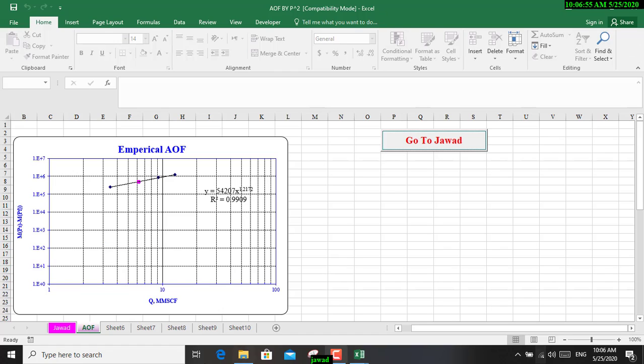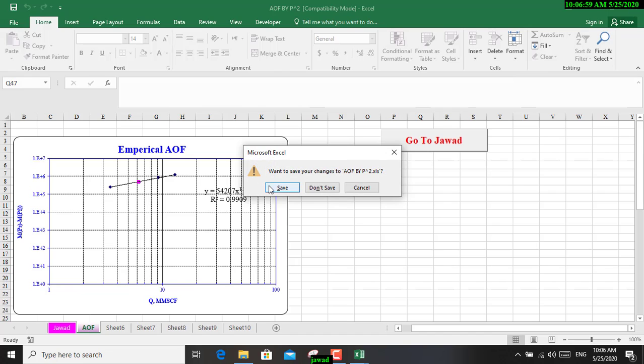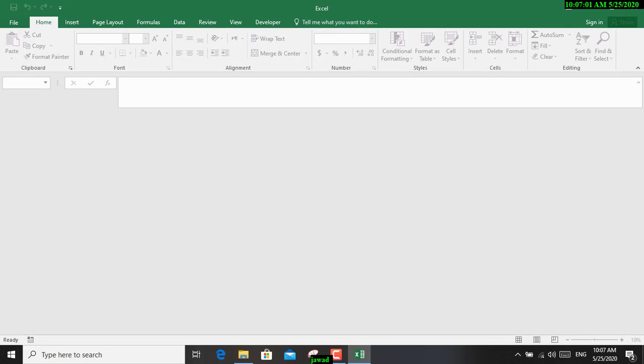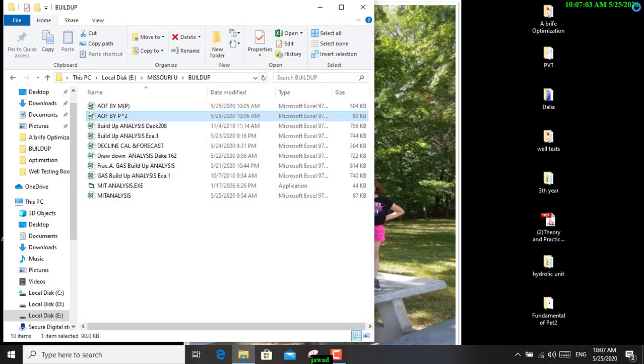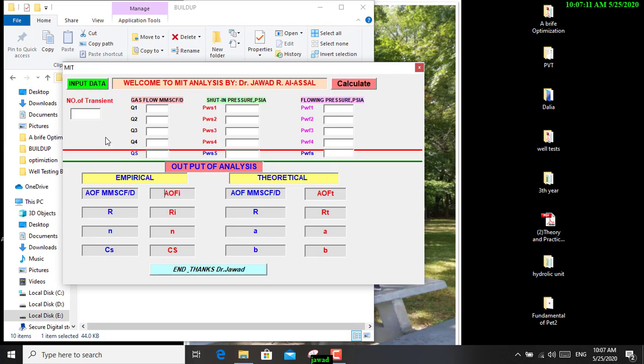You can draw the deliverability curve. See? Oh, I can use this, really. I can use this sometimes. How many transient points? 4 points: 1, 2, 3, 4. Put 4.